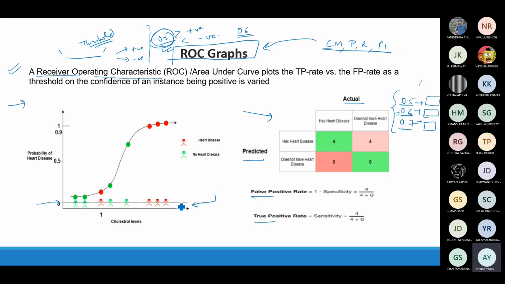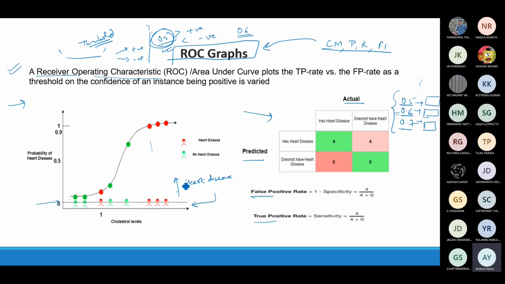Everything that is above this threshold, they have said that the person has heart disease, for every sample above this threshold. These values that are marked are the actual values.